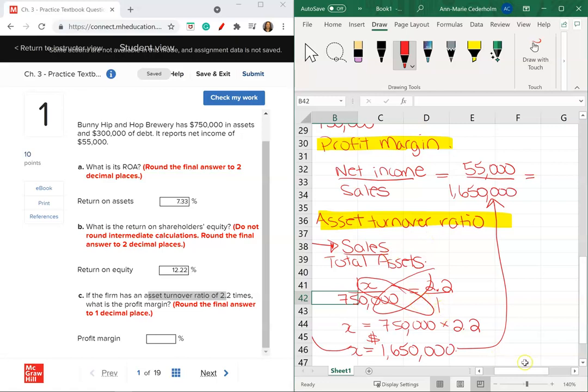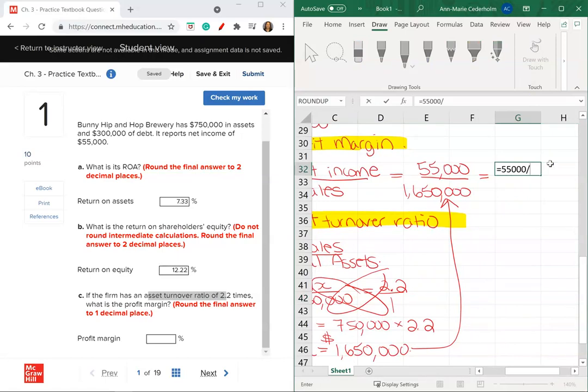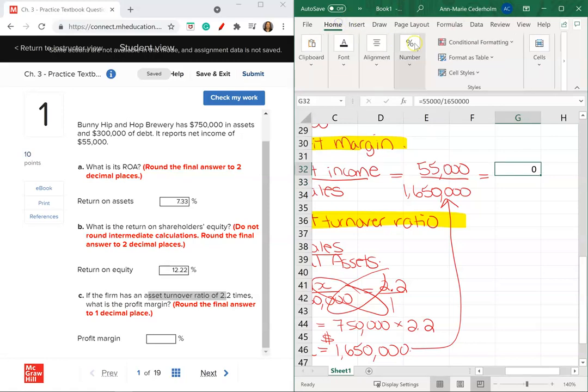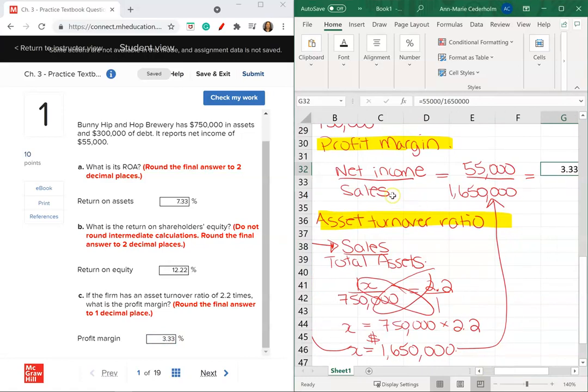So then that will give me, and I'll put this as a percentage to 2 decimal places, 3.33%. And remember, when we're reading the ratios, it's always one of the bottom will give you the answer of the top. So $1 in sales will get me 3.33% of the net income.